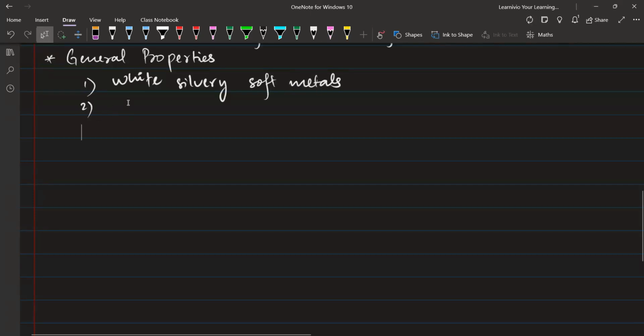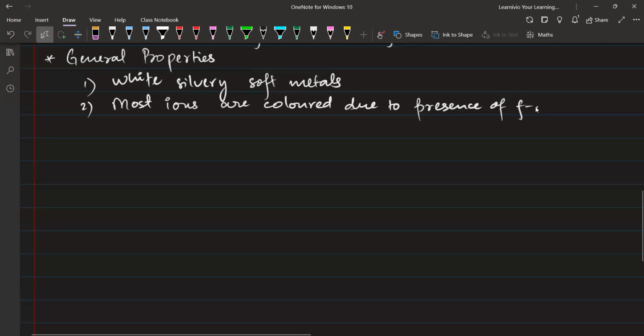Second, most ions of lanthanides are colored due to presence of f electrons.